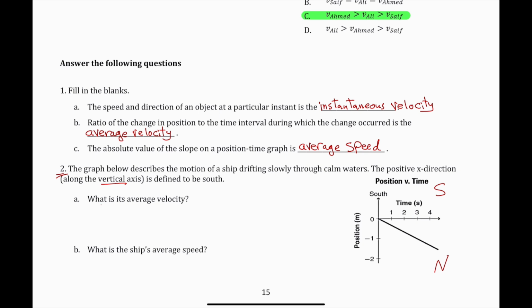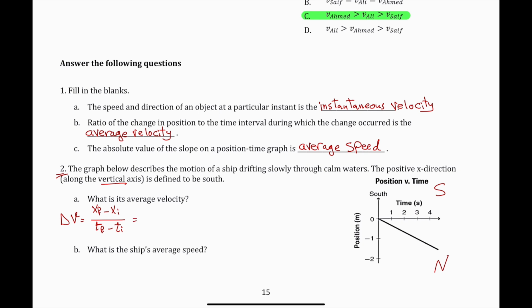What is its average velocity? To get the average velocity, first of all, we write the formula. The average velocity equals x final minus x initial over delta t, which is t final minus t initial.